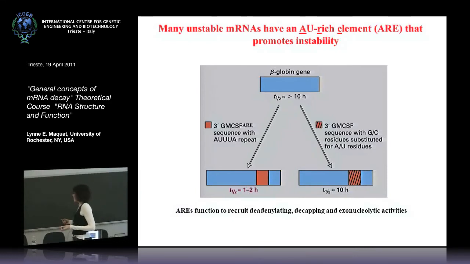It has about a 17-hour half-life in non-erythroid cells. They say greater than 10 here. It can be destabilized if in the gene there is inserted now it would be a T-rich element from the 3' UTR of granulocyte monocyte colony stimulating factor gene.